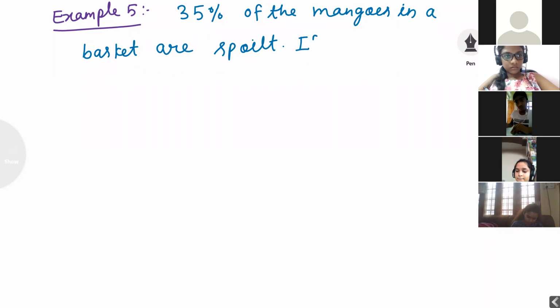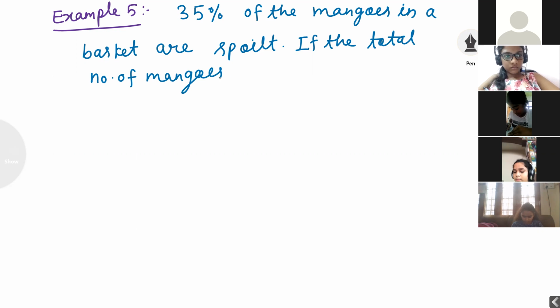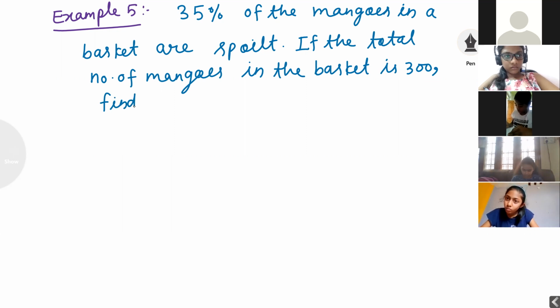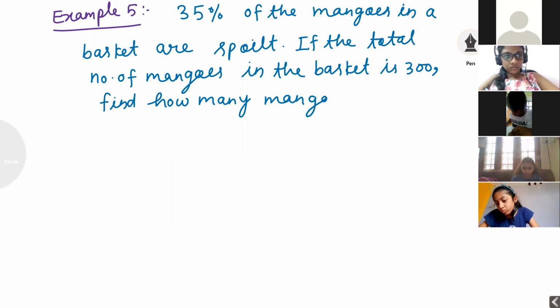If the total number of mangoes in the basket is 300, find how many mangoes are spoiled.